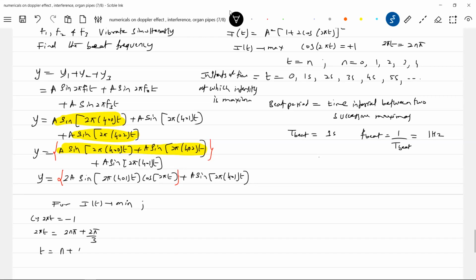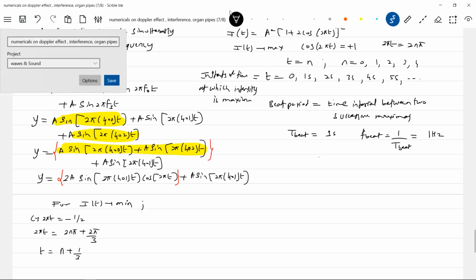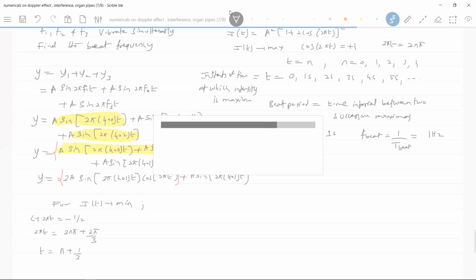So this should become n plus 1 by 3. Is it minus 1 by 2? Sorry. Check once, check once. Is it n minus 1 by 3 or n plus 1 by 3? Trigonometry. Take help of your trigonometry conditions.